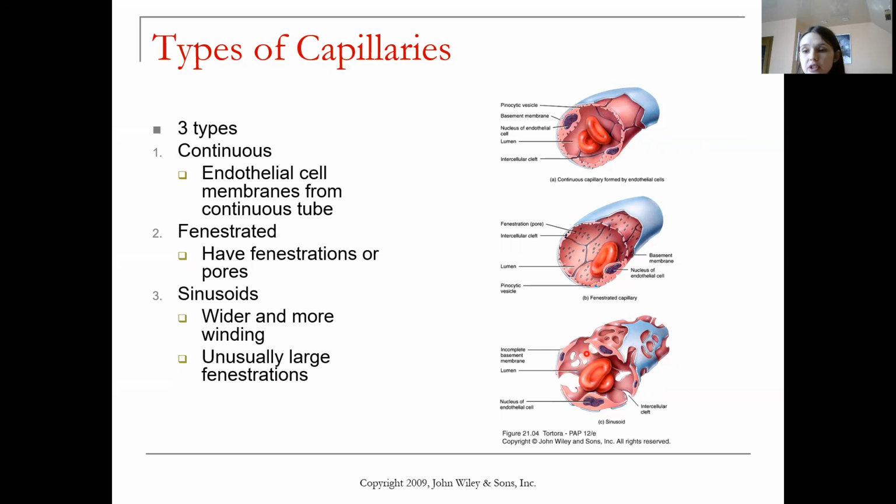And sinusoid capillaries, if we compare them with fenestrated, you can see that these pores have a bigger size, bigger diameter, and that is why they have such unusually large fenestrations. So the process of exchange in such capillaries will be better in comparison with the previous two.